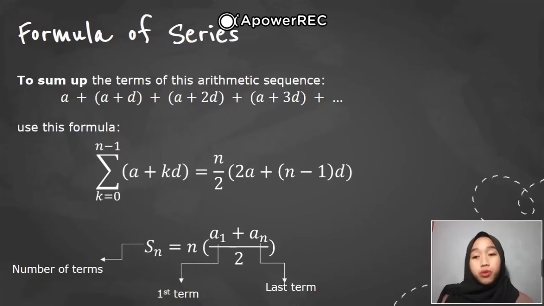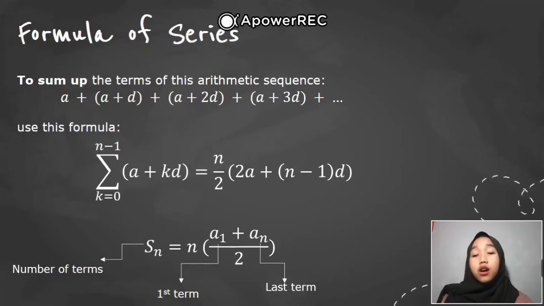We use this formula: sigma k equals 0 to n minus 1 of a plus kd equals n over 2 times the bracket 2a plus n minus 1 times d.